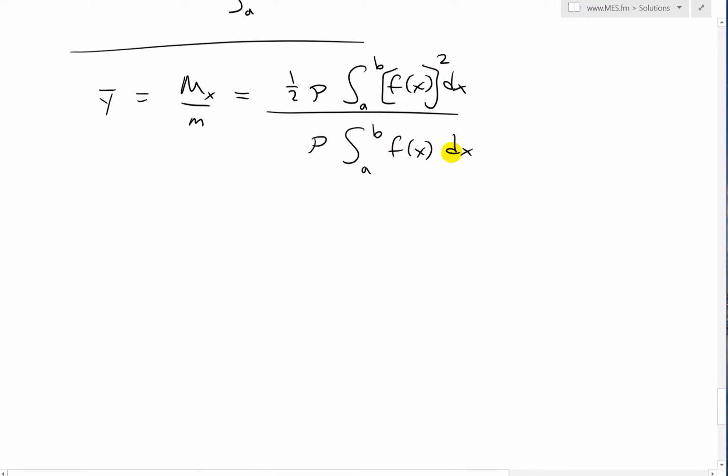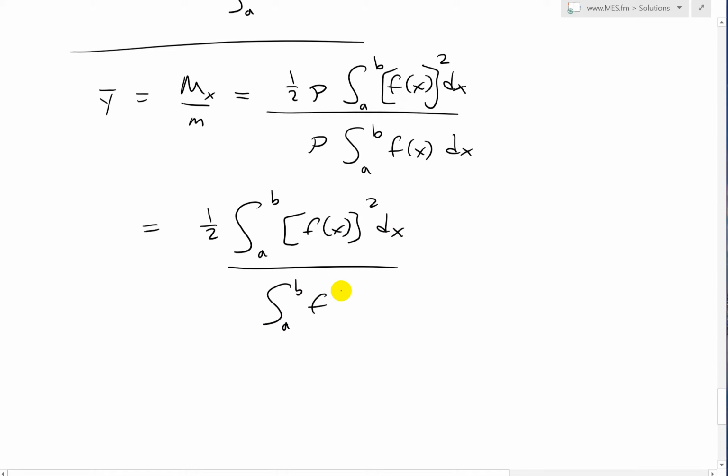Again, the densities cancel, so we end up having 1/2 the integral from a to b of f of x squared dx, all over the integral from a to b of f of x dx.